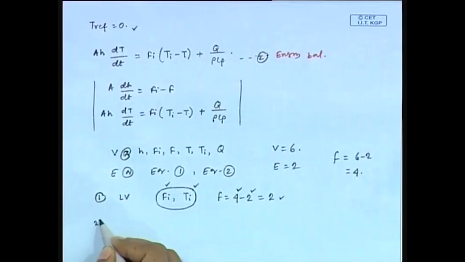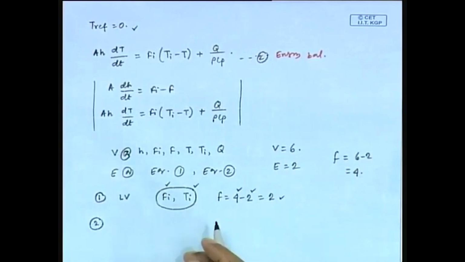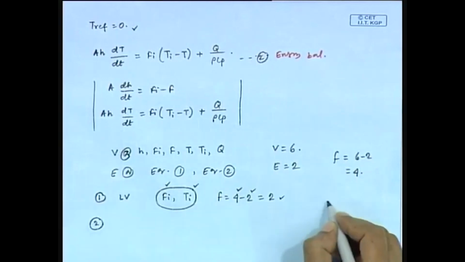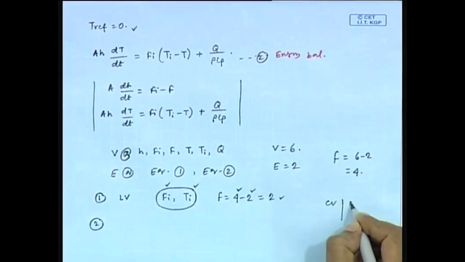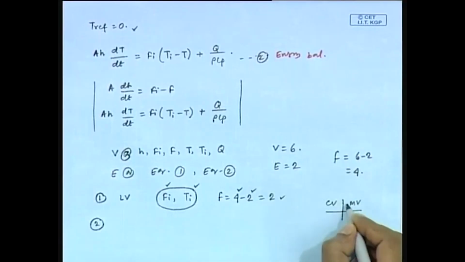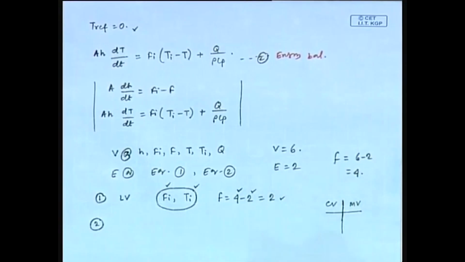Another option I told, by including some control equations. For the example liquid heating tank system, what are the controlled variable and manipulated variable pairs to be considered? One is height, another one is temperature.